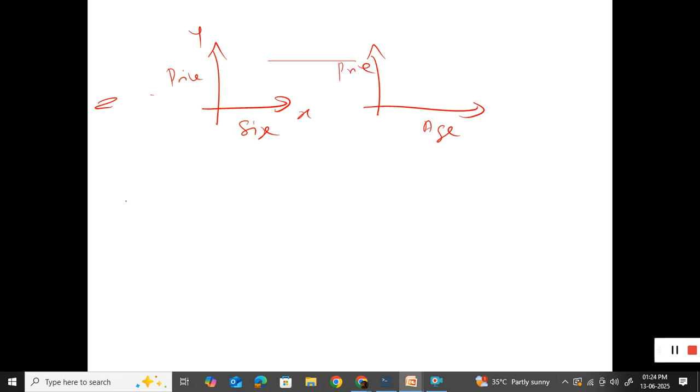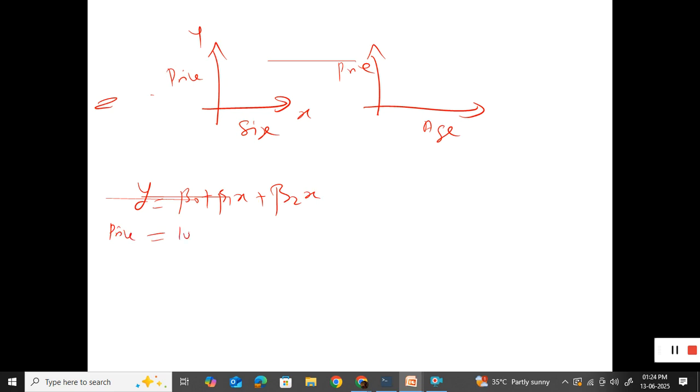For example, here, this is very important. Size of the house, and this is the price. This is your y-axis. Since we have used more than one independent variable, age of the house, and here the price of the house, y is equal to beta naught plus beta 1 x1 plus beta 2 x2, and here y is now the housing price.